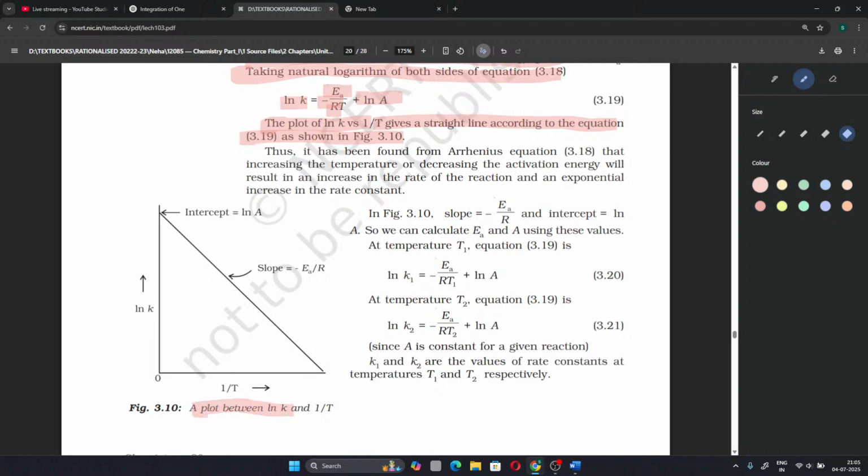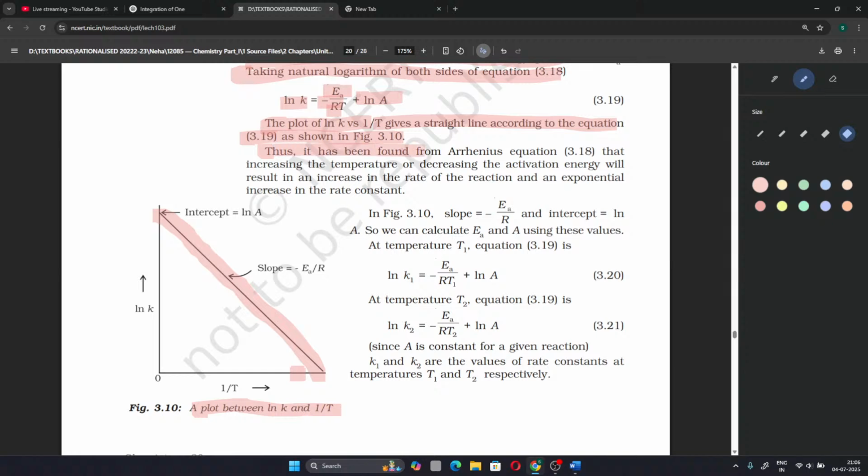Here a plot between ln K and 1 by T gives a straight downward line. The slope is minus EA by R and the intercept is ln A. The y-intercept is ln A. It is a straight line, not a curve.